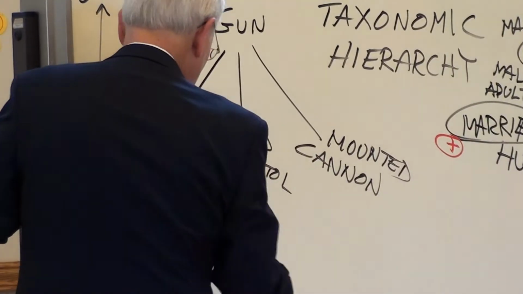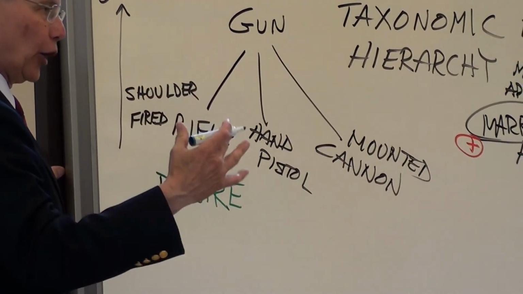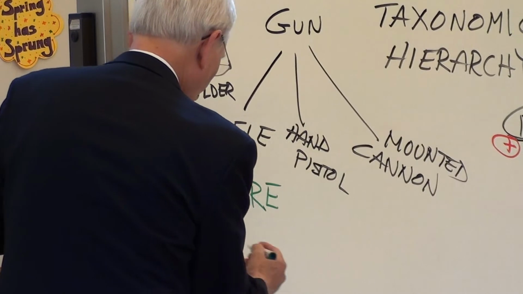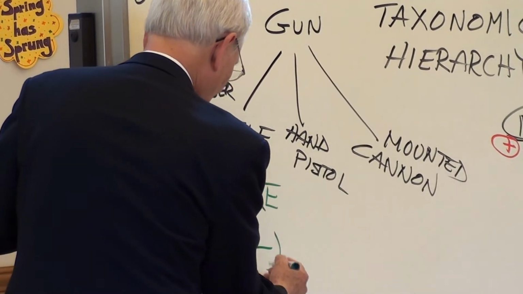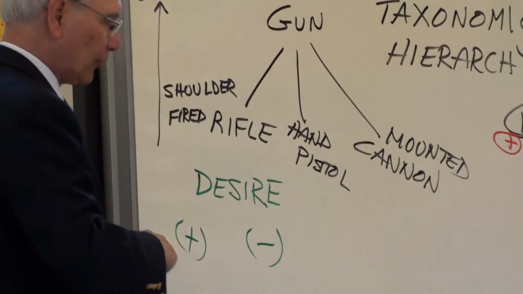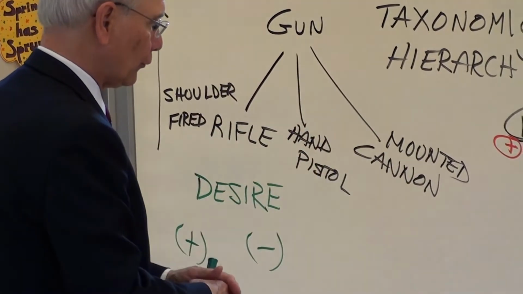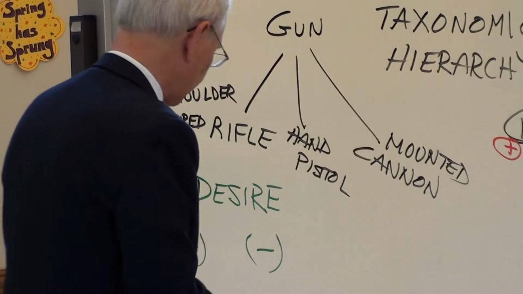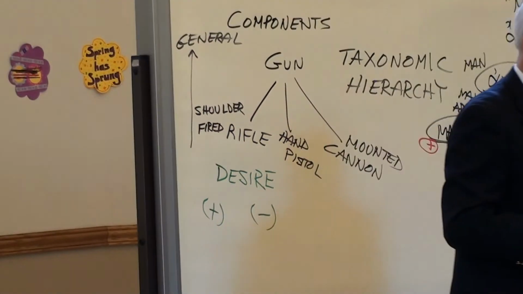Now, is that desire positive or negative? In other words, is it a positive thing you have towards somebody, or is the desire such that you want to dominate that person? We're going to look at the two examples.